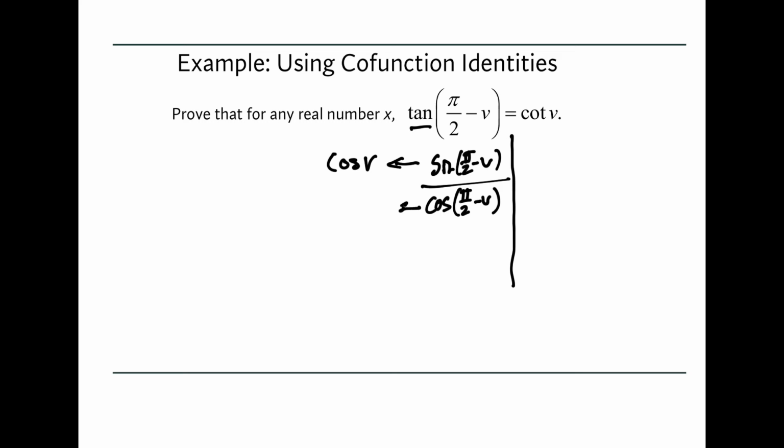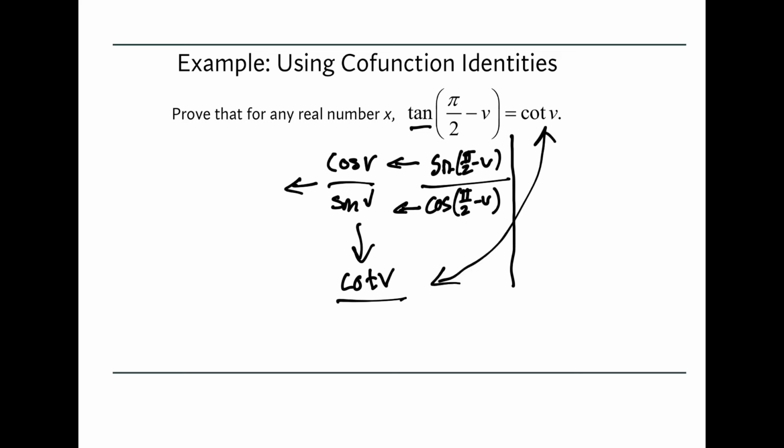And the cosine of pi over 2 minus v is the sine of v. And cosine over sine, well, that's cotangent of v. So we can see how these are easily related to each other.